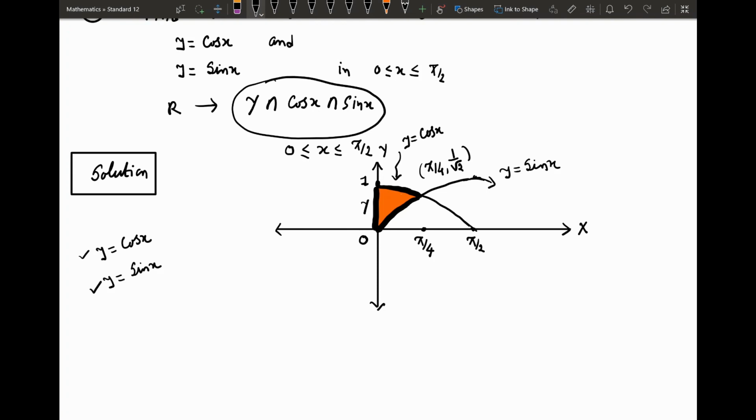So we have to find area of this orange color, which is area bounded by y axis, y equal to cos x and y equal to sin x.